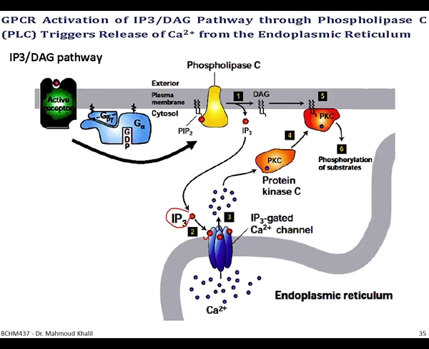Once the calcium is out in the cytoplasm, it will bind to PKC. It's one of the famous kinases inside the cell, which is called protein kinase C. This protein kinase C, once it's bound with the diacylglycerol DAG, which is initially formed due to the breakage of PIP2, will be activated, which will lead to the phosphorylation of other substrates, which is important for a lot of other functions inside the cell.